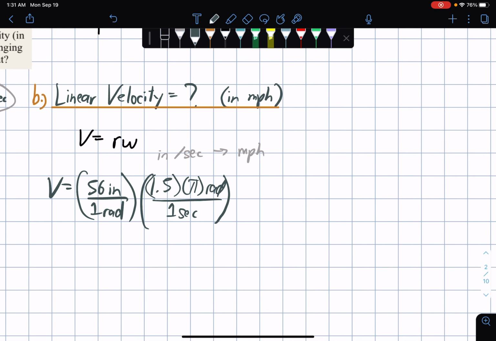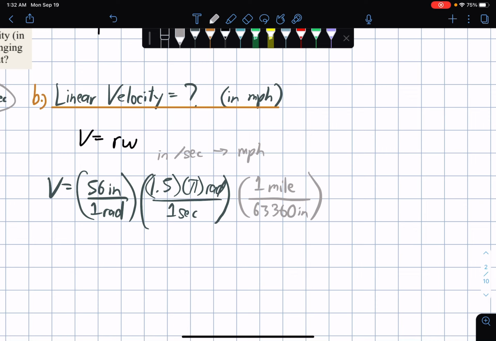So we have inches to miles. 1 mile is equal to how many inches? 63360 inches. I did not derive this from anything. I just memorized. I just know that 1 mile is 63360 inches.